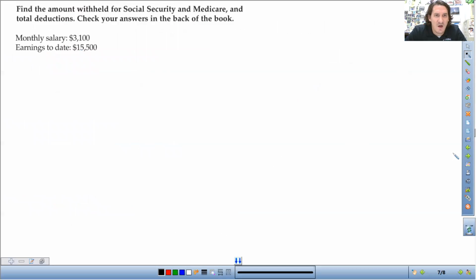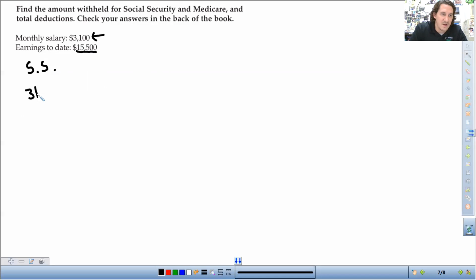Find the amount withheld for Social Security and Medicare, and the total deductions. I'm just going to work through it. First thing, Social Security. You're going to take the gross pay for the month. Remember, the earnings to date is only here to tell us if they've made more than $97,500 for the year. Since they've only made $15,000, they still get taxed for Social Security this pay period.